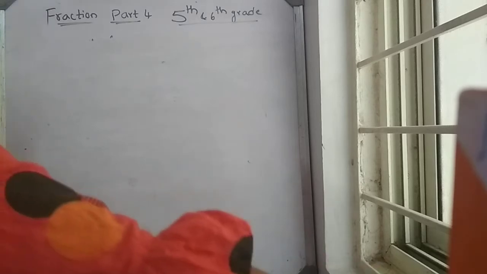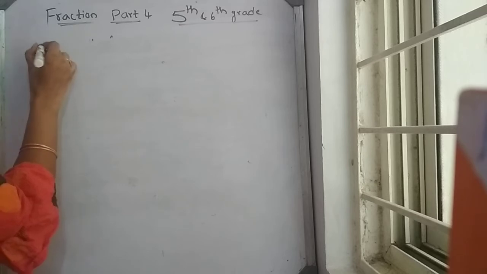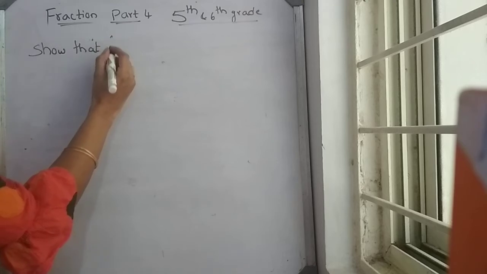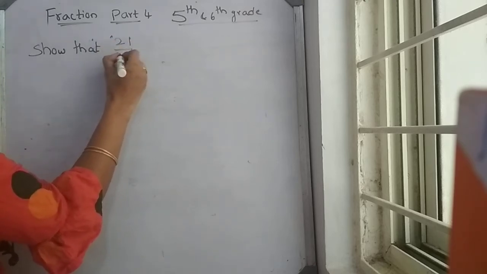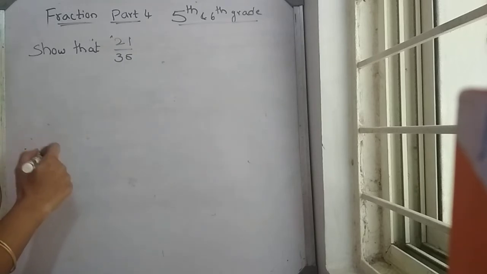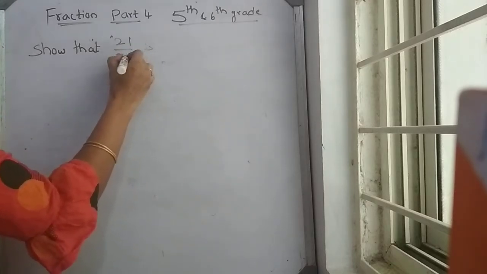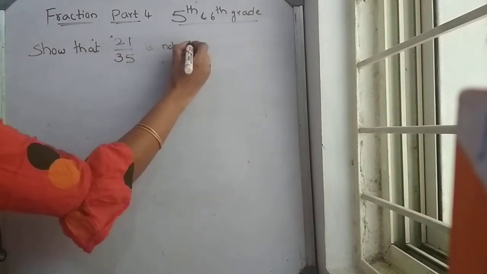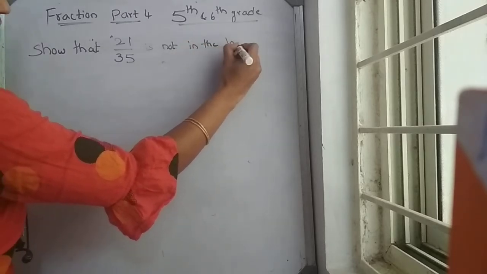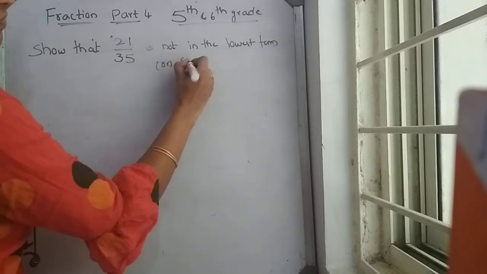Okay. Now, second example. Show that 21 by 35, I am taking this fraction, is not in the lowest term, or simplest form.